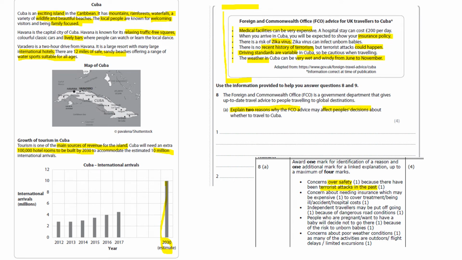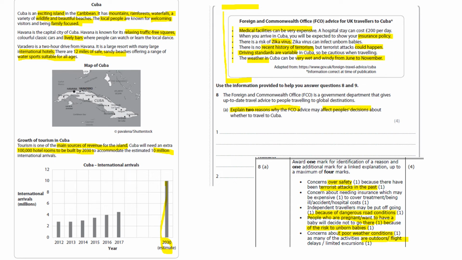It could be they're put off because of dangerous road conditions, which means that they're not prepared to drive around. If they were pregnant or wanted to have a child, they'd be put off because of the risk to unborn babies from the Zika virus. It might be they're put off by the poor weather conditions, and they're worried about the risk of being caught in a hurricane or flight delays.